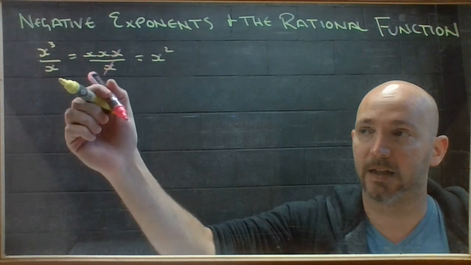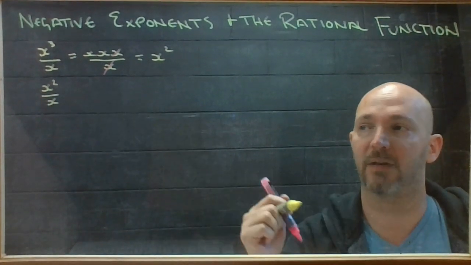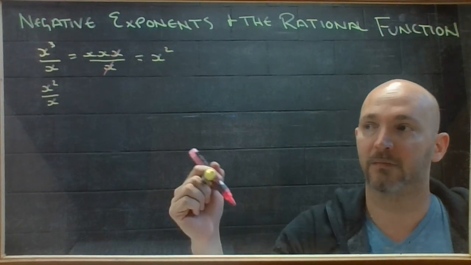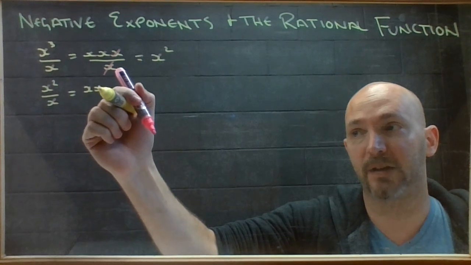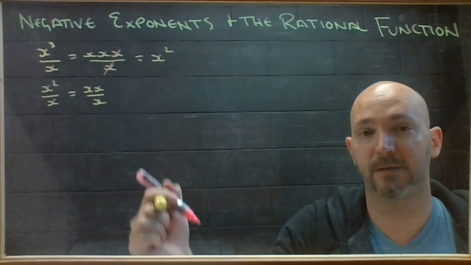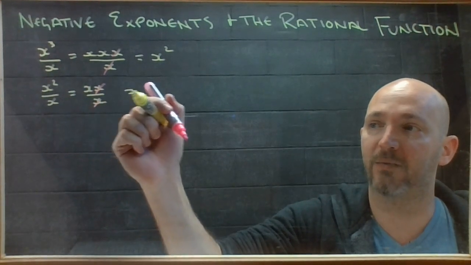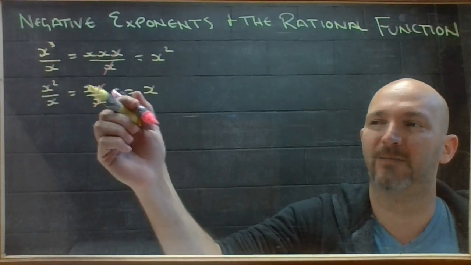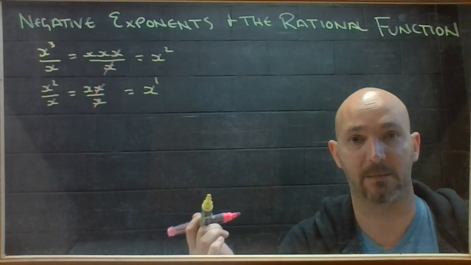I'm going to do this again, but I'm going to start with x squared divided by x. Now that is two x's on the numerator, one in the denominator. One of those divides one of those, and you're left with x to the 1, because there's one x up there.